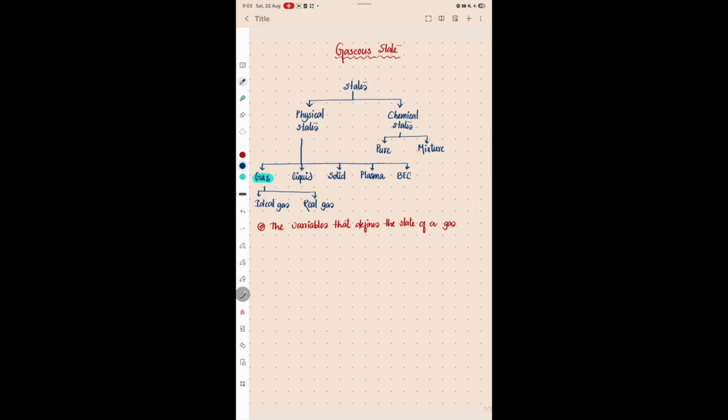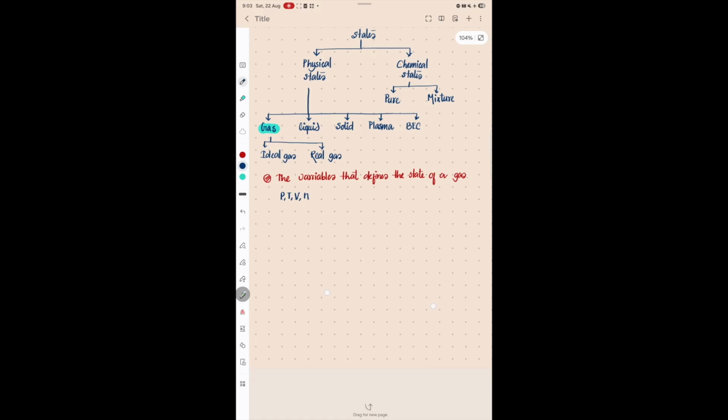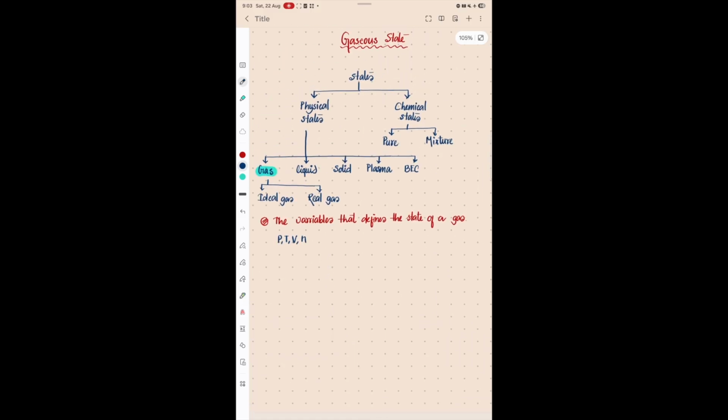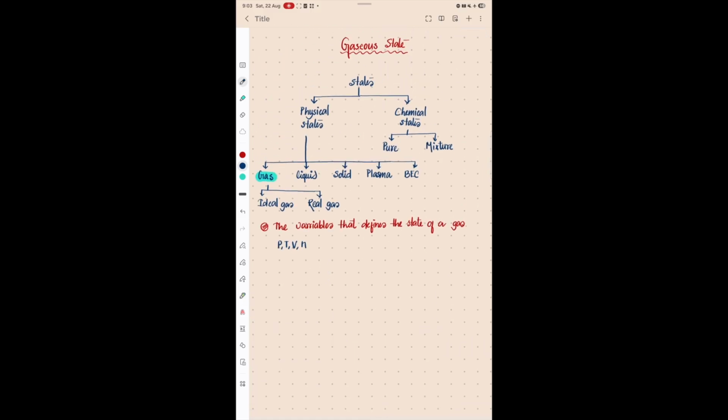So what are they? They are pressure, temperature, volume, and number of moles. We'll be discussing all the variables one by one, and the most important thing is to know their units and their interconversions, because that is very important for solving numerical problems, right?